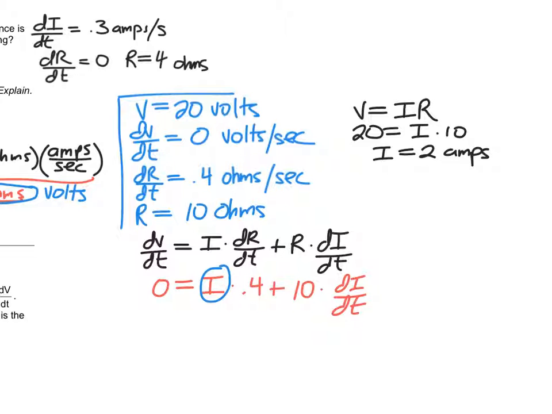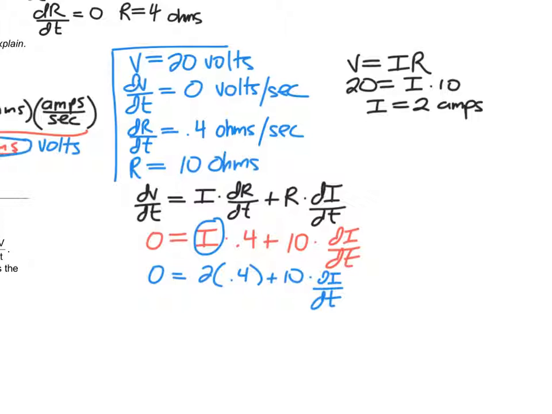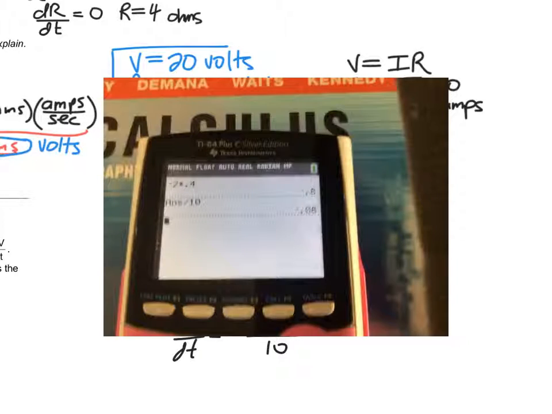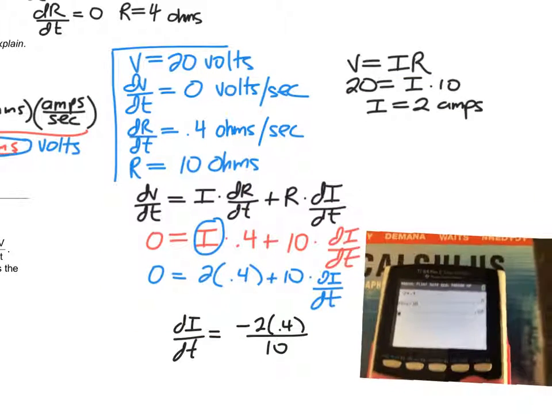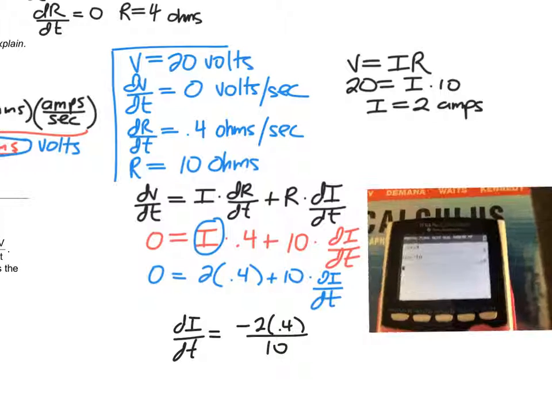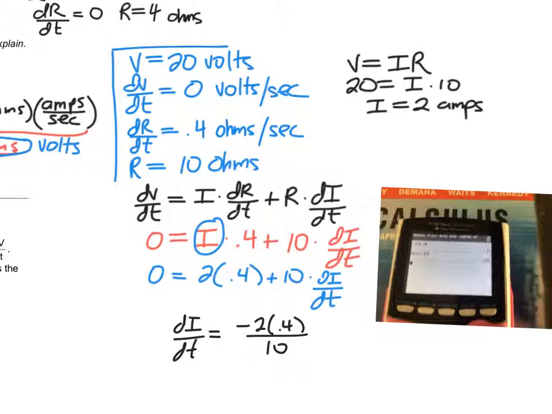Now I can pop that in and solve. dI/dt is equal to, I'm subtracting and dividing, so negative 2 times 0.4 over 10. I'm going to try to be fancy now and tuck in a little calculator action here.